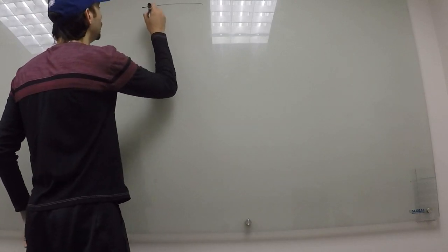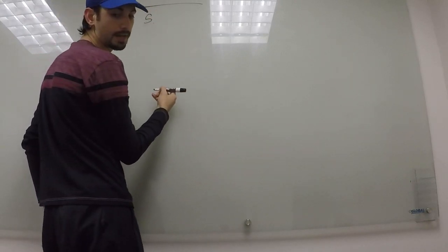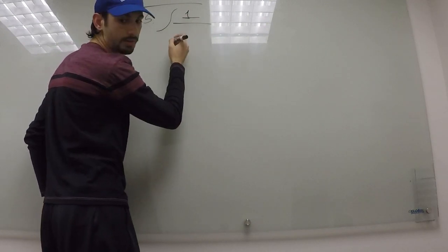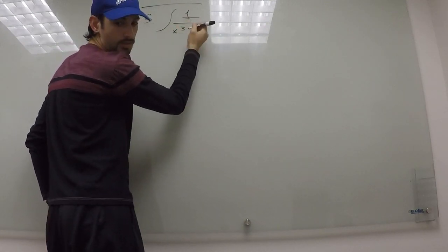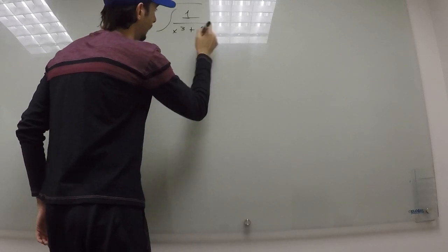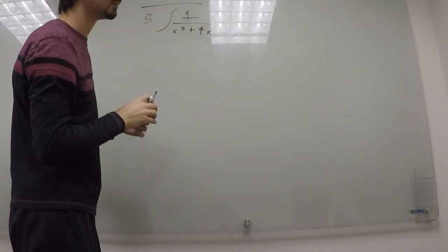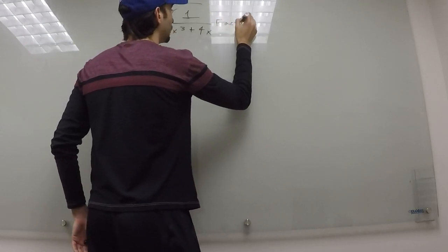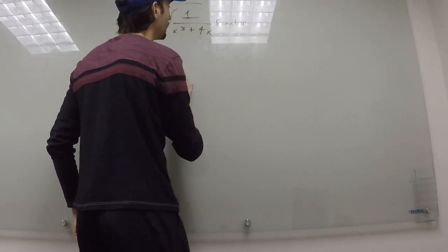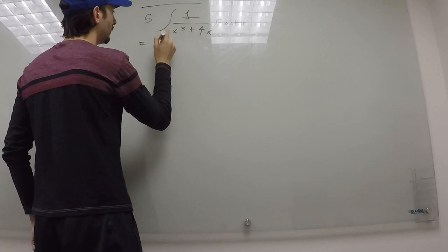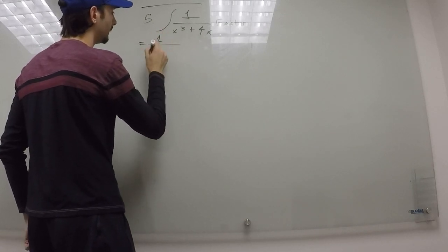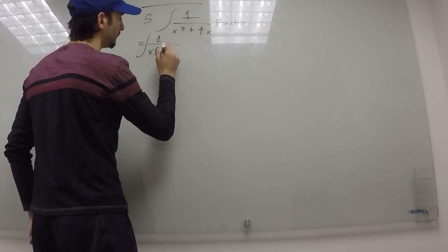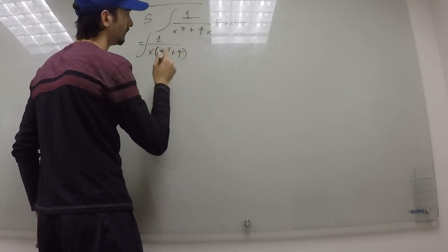For this question, we are asked to solve the integral of 1 over x cubed plus 4x. The first thing we're going to do is factor out the x on the bottom, which gives us 1 over x times x cubed plus 4.